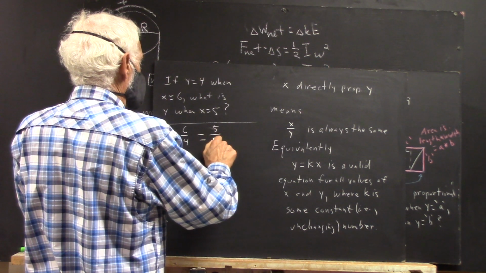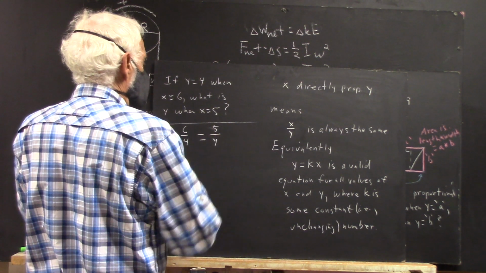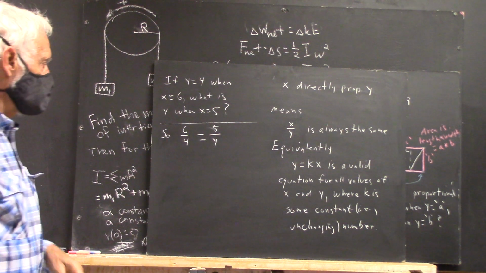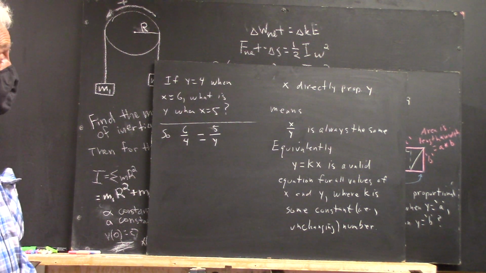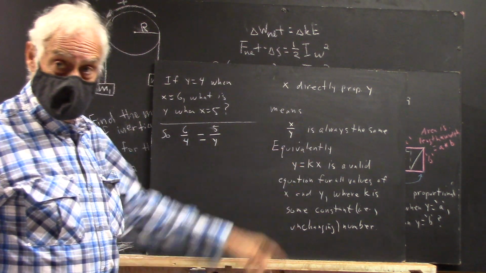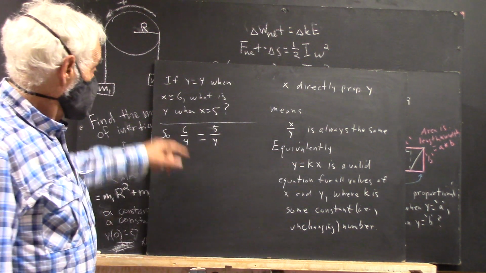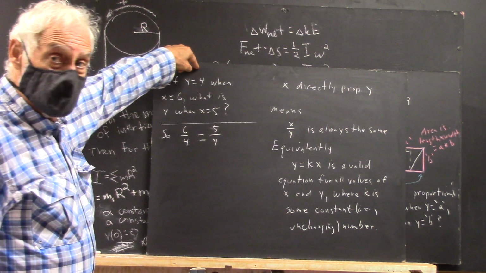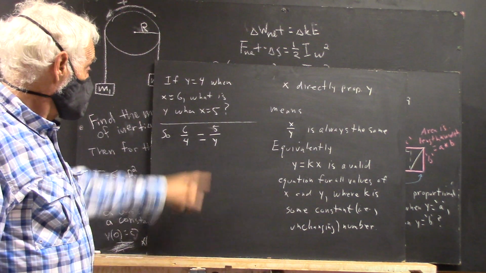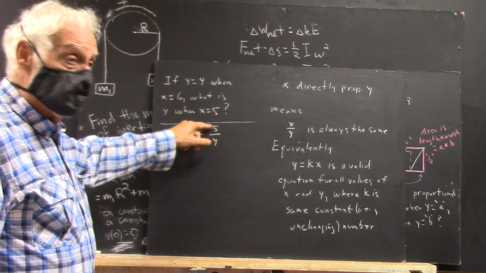That's okay. That should be equal to 5 over y, shouldn't it? If y is the number you're looking for, then this is an x over y, right? Because there's an x, there's a y. This is an x over y. This is when x equals 5.